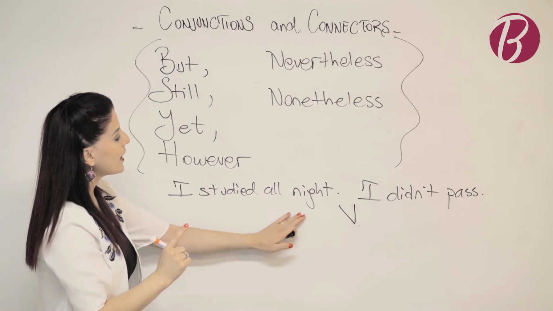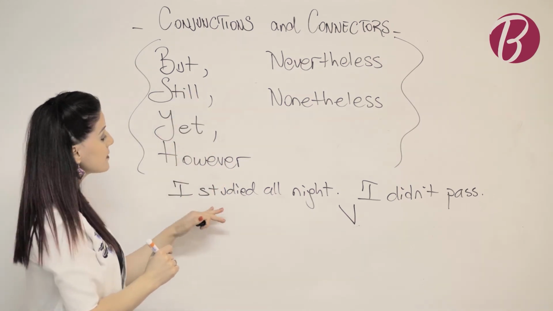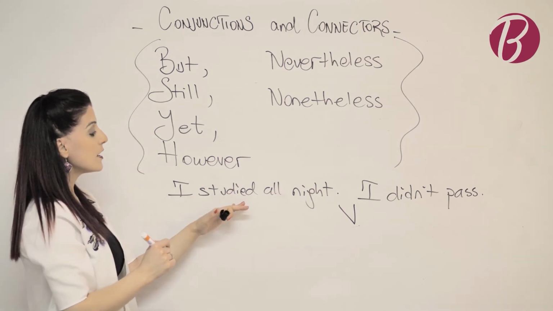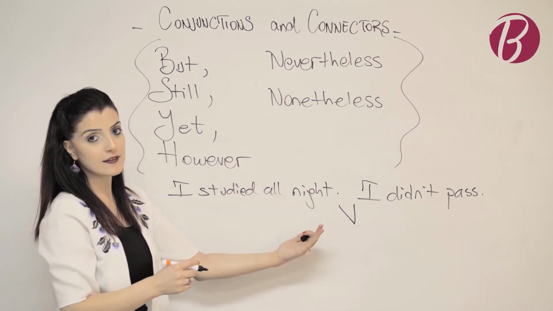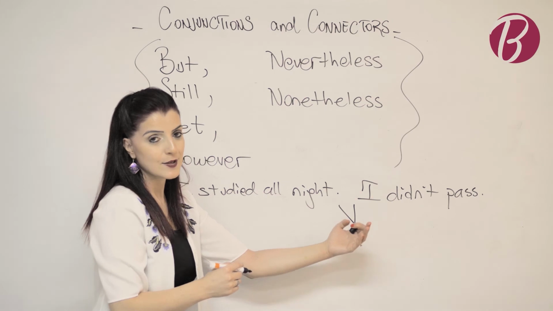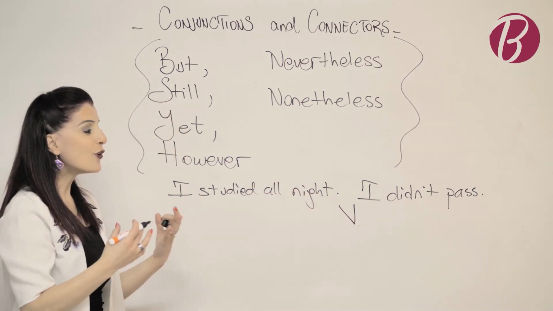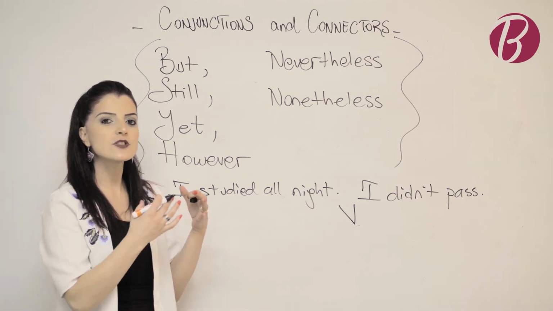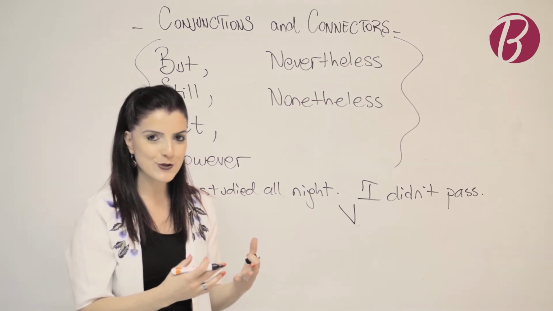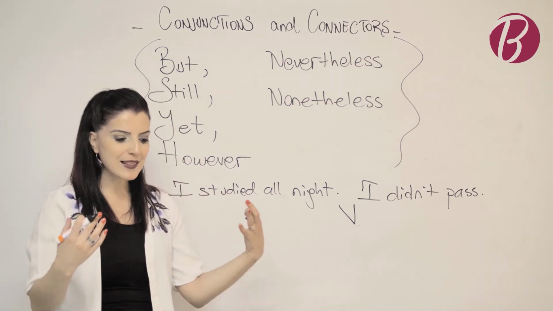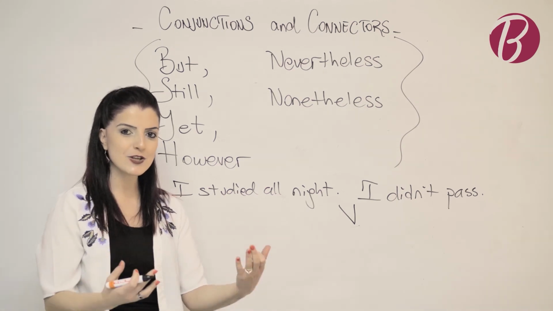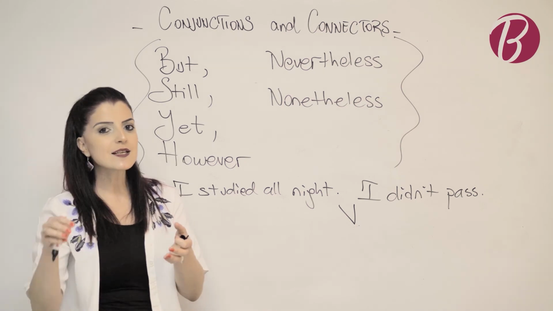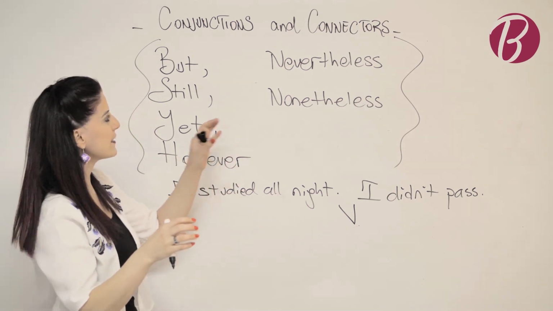I studied all night, but I didn't pass. I studied all night, still I didn't pass. I studied all night, nevertheless I didn't pass. So you don't have to use all the time although, in spite of. They are conjunctions and they are helpful, so you can make a lot of new sentences by choosing every time a different conjunction or connector.